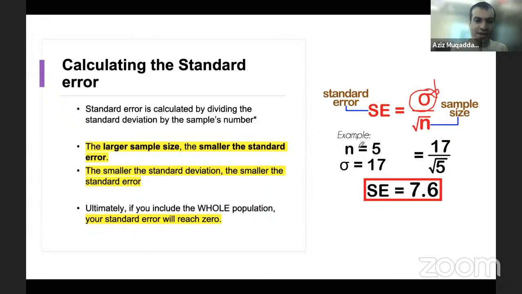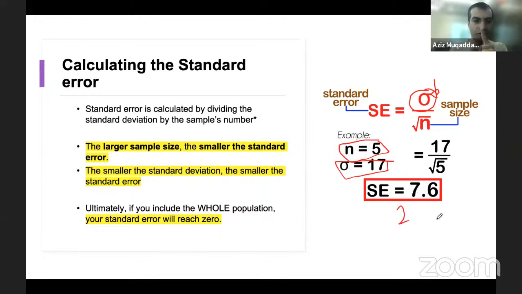So imagine, this is the example I gave. We have a sample of 5 students. Their mean score was 17, right? So 17 divided by the square root of 5, the standard error is 7.6, right? So that means because this sample is very small, the population mean score could be, so this is 1 standard error, 7.6.